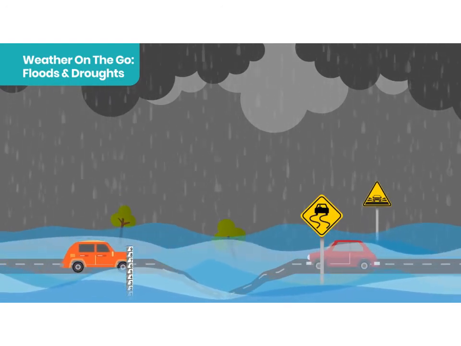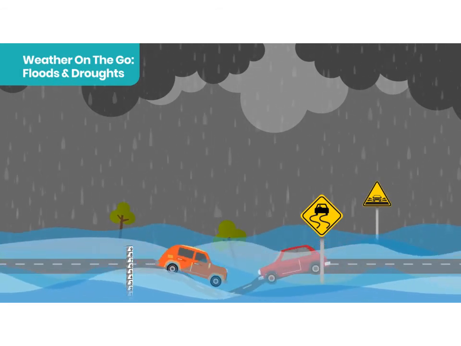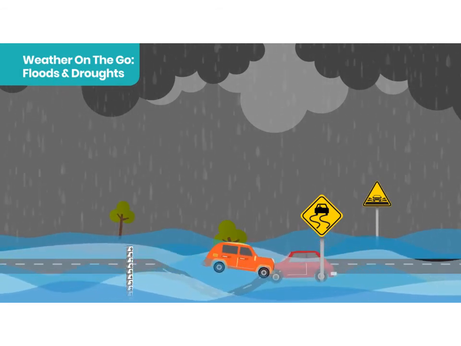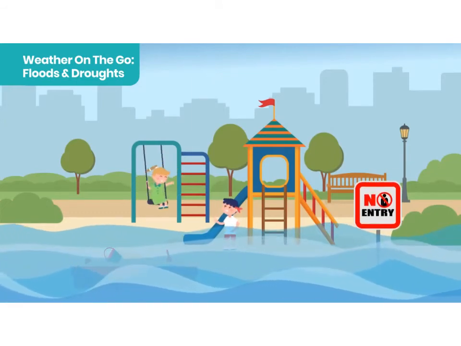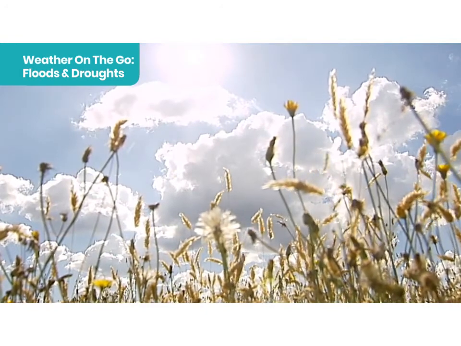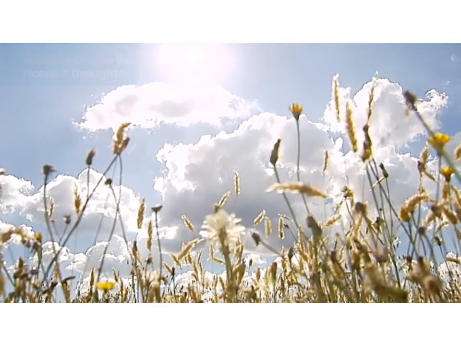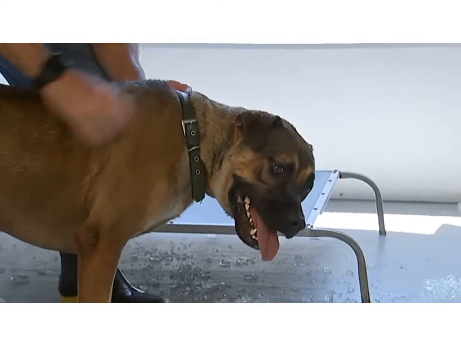Even if it doesn't look deep, the road can be washed away underneath and the water can be moving very fast. And of course, remember not to play in floodwaters. You never know what's in there. This sunburnt country is beautiful, but it always pays to be careful. In the next episode, find out more about heat waves in Australia.